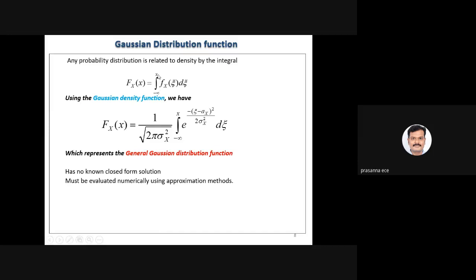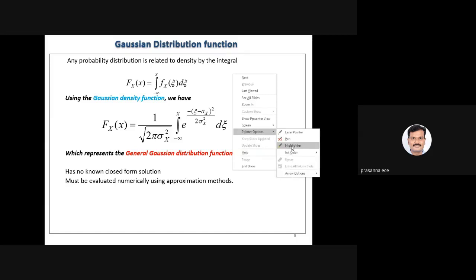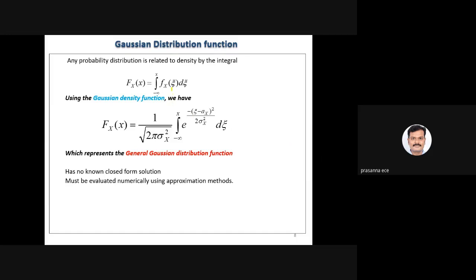The upper limit is x, and we have an integration variable here which is denoted by zeta. The function here is actually the density function of x. So you can observe the upper limit is x, so this is a running integral.